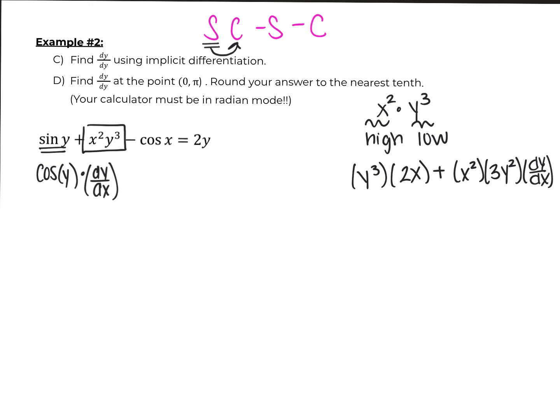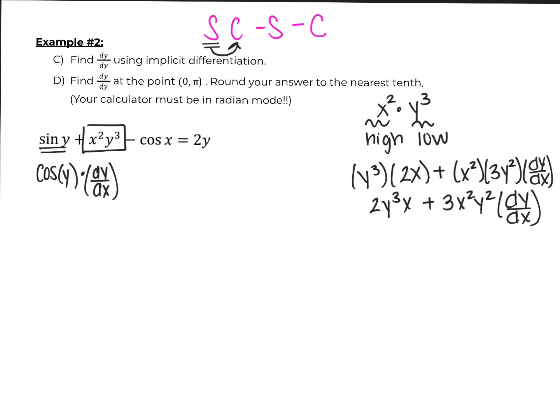If you want to clean it up, it's 2y to the third x plus 3x squared y squared times dy over dx. The order of the x's and y's doesn't matter here because multiplication is commutative.